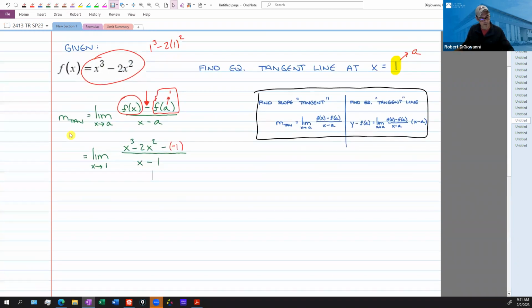Okay, let me clean this up a little bit. This is the limit as x approaches 1 of x cubed minus 2x squared plus 1 over x minus 1.